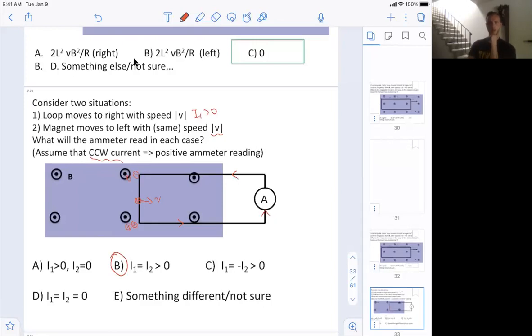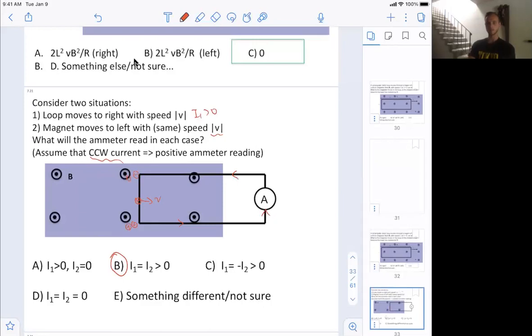But there are very many scenarios where you cannot explain it using motional EMF. For example, scenario 2: the bar itself is not moving, but the magnets are moving. Or there are scenarios where nothing is moving, you're simply turning the circuit on. If the B field is controlled by some switch, you can turn it on, turn it off, and that is enough to give you an induced current.